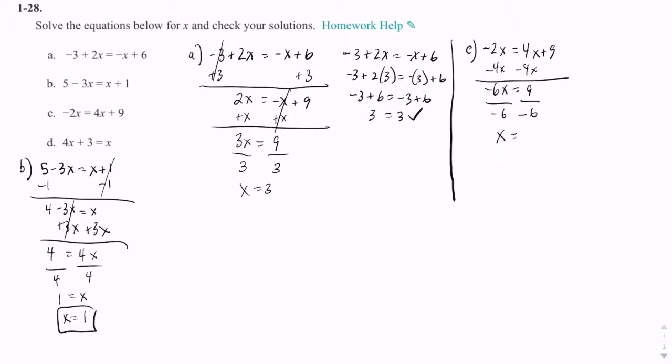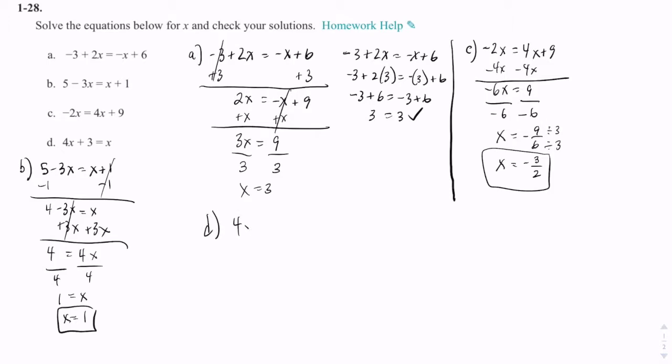And I'll get x equals negative 9 sixths. But 9 sixths is not reduced. They share a common factor of 3, right? So it's x equals negative 3 halves, right? How many times does 3 go into each of those? So that's C.